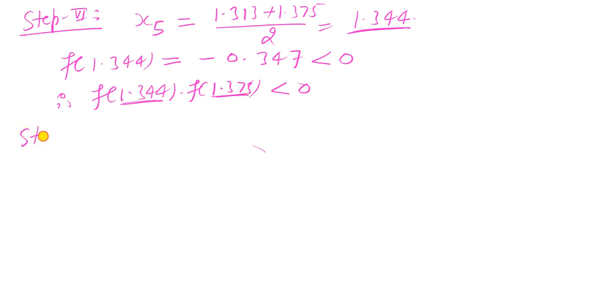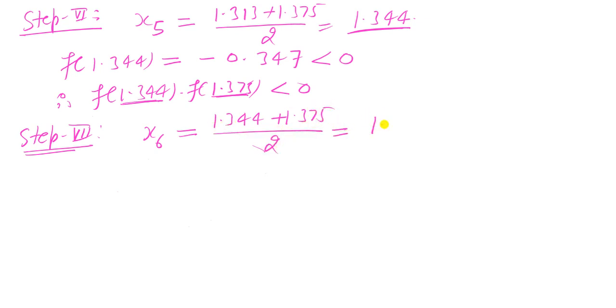Now step 7. In step 7 the sixth approximation to the root is denoted by x6, and x6 is equal to (1.344 plus 1.375) divided by 2, and this value is equal to 1.360. Now compute the functional value at x equal to 1.360, that is, put this value in equation 1. So f(1.360) is equal to negative of 0.089. So this functional value is negative.